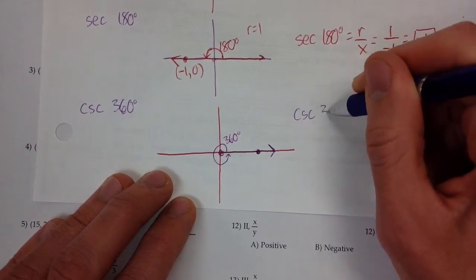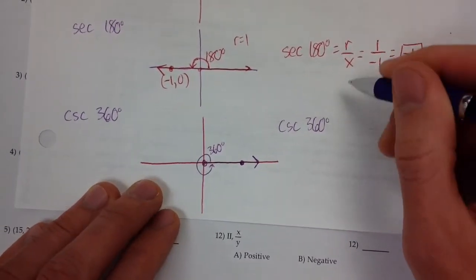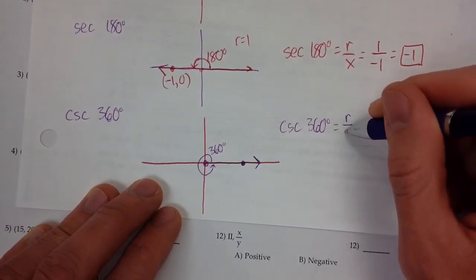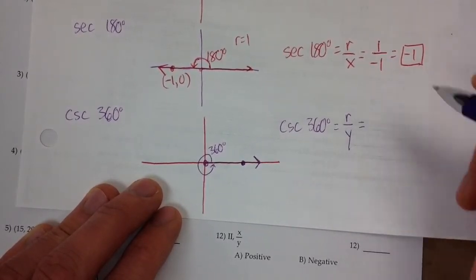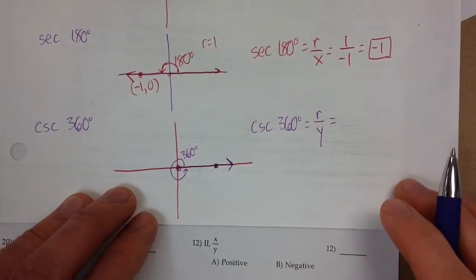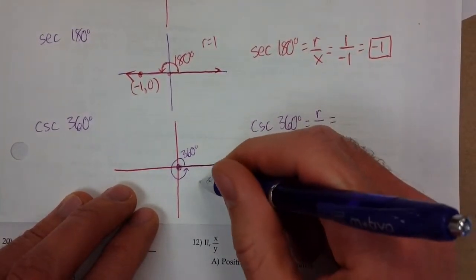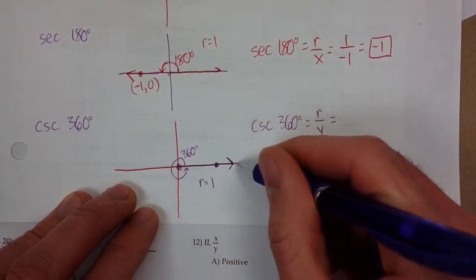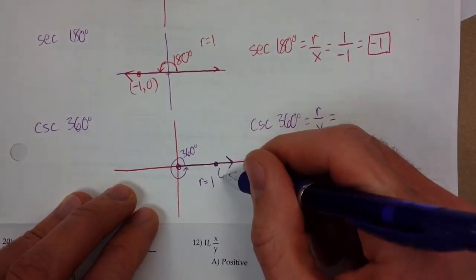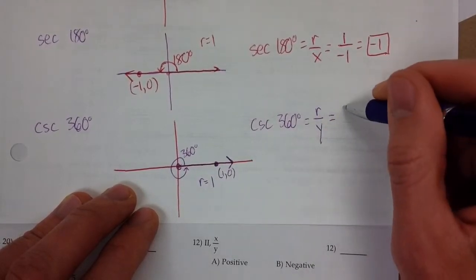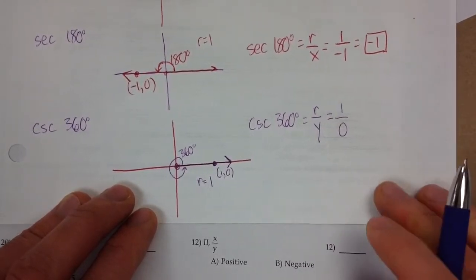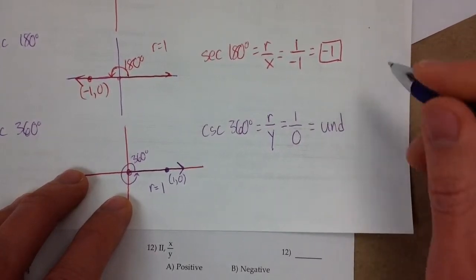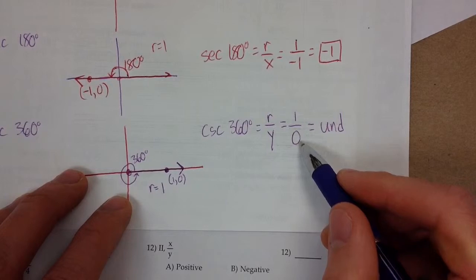By definition, cosecant is hypotenuse over opposite, but it might help you to know it as r over y. Good. Keep going. So that's 1 over 0. Yep, r is going to be 1 always with the points that I suggested. And the y-coordinate on the x-axis is 0. So it's 1 over 0, and Max, that is undefined. Cannot divide by 0. Or as Jackie said, if it's under 0, then it's undefined.